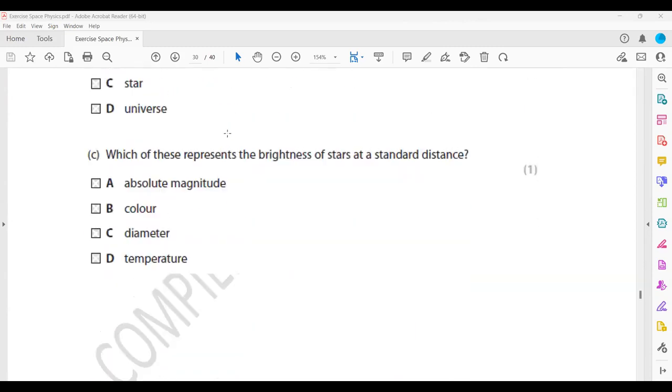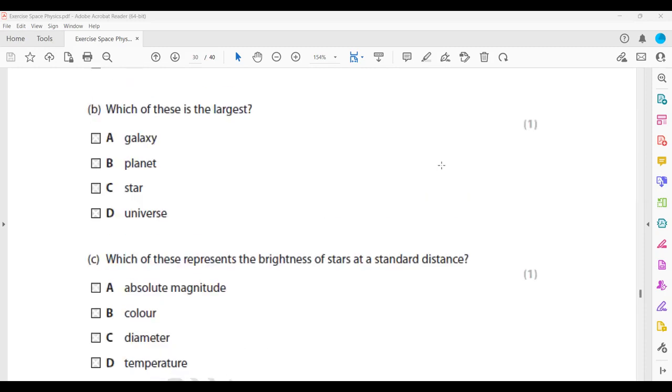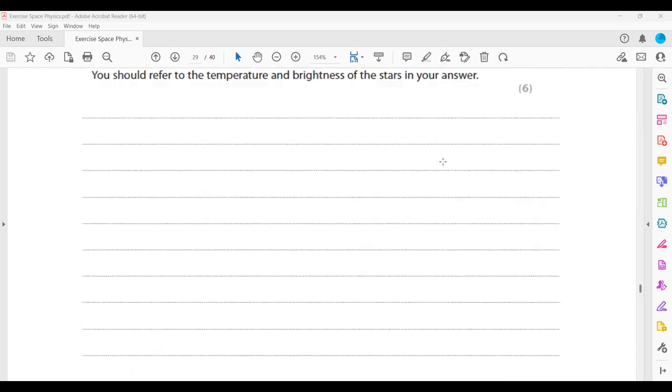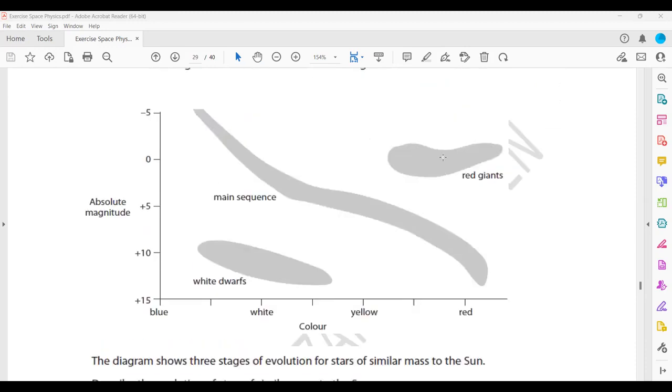Absolute magnitude normally represents the brightness of a star at a standard distance. -5, +10, +15, these are all comparative properties, all compared with the sun.